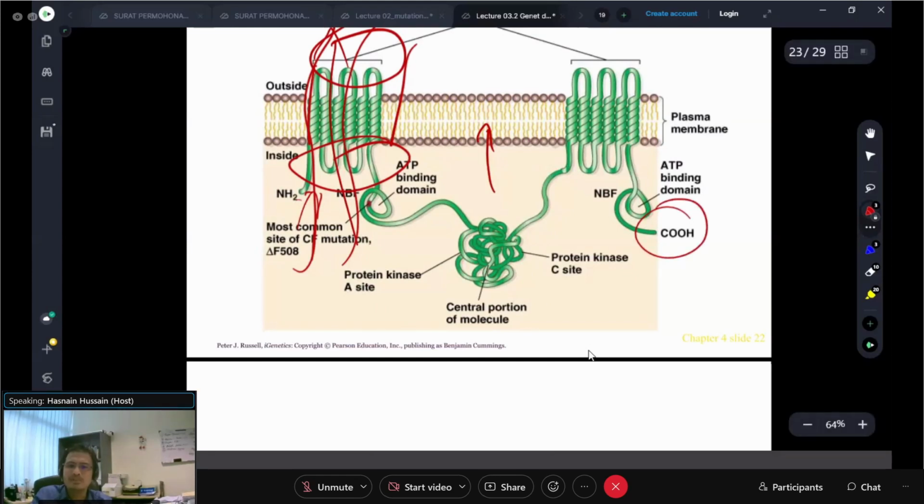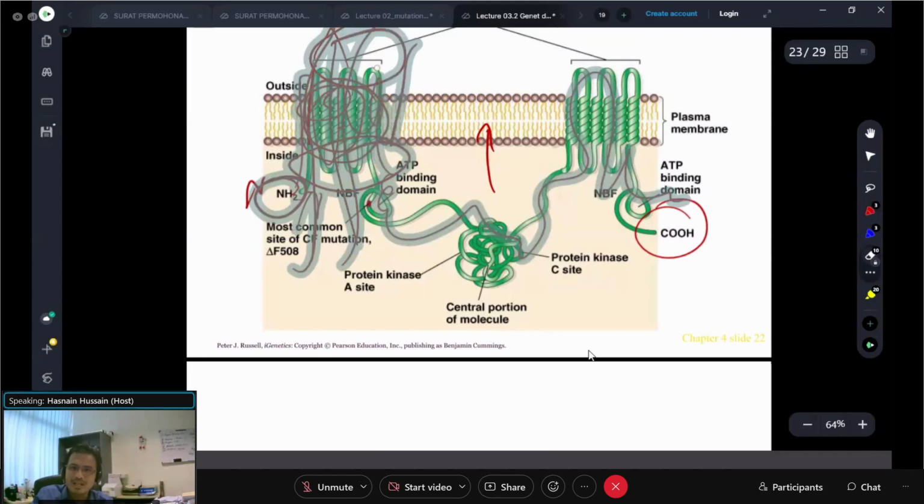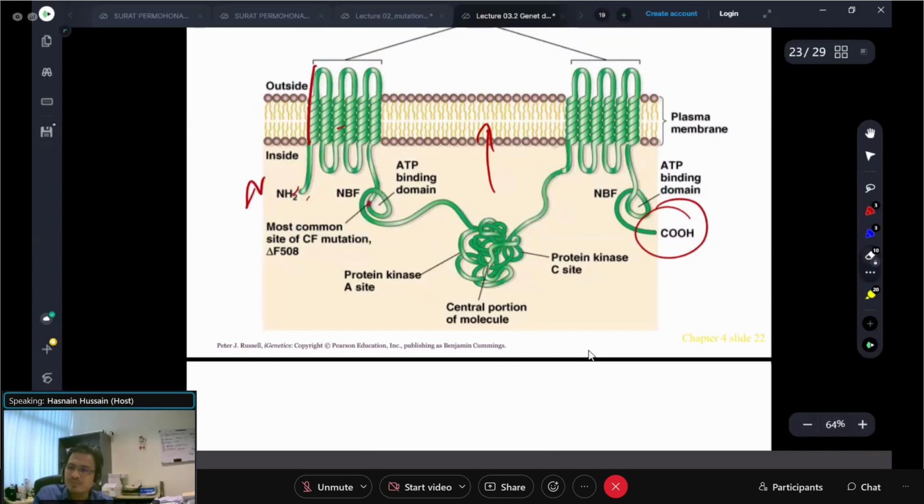So this one is the N terminus, and this is the C terminus, a very long protein. It goes here and over here, and then it comes over here. And then the defective position is over here.